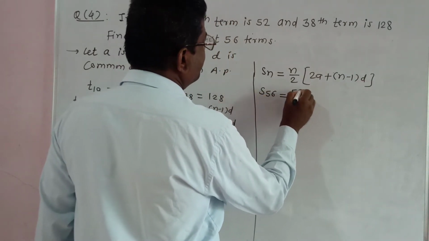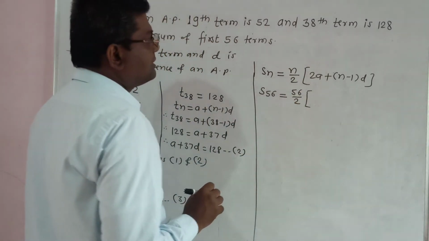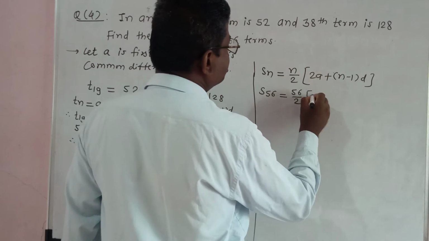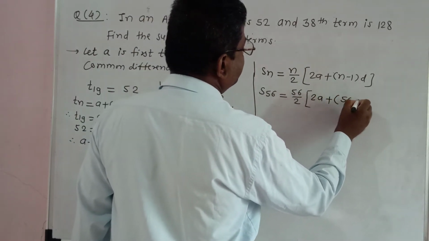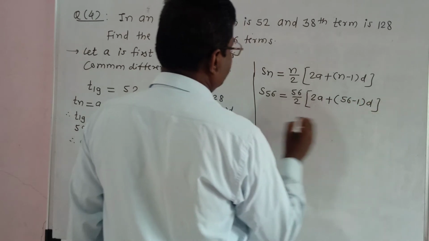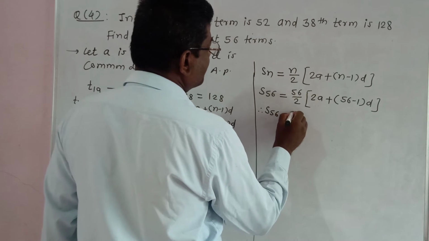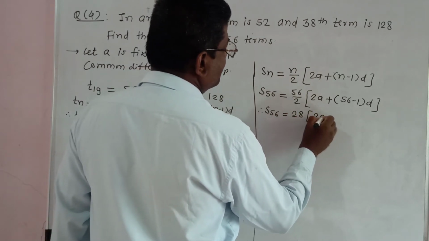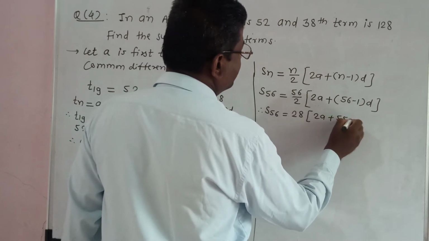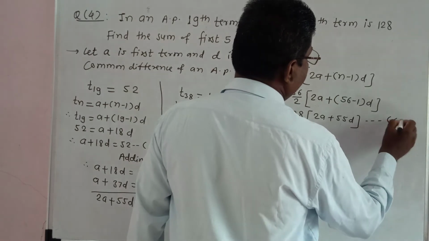S56 is equal to 56 upon 2 in bracket 2a plus 56 minus 1 into d. Therefore S56 is equal to 28 in bracket 2a plus 55d. This is equation number 4.